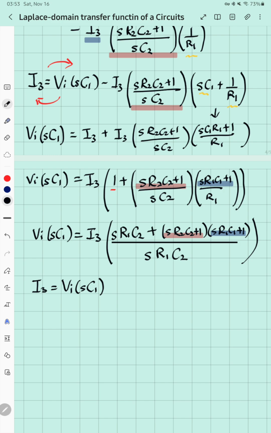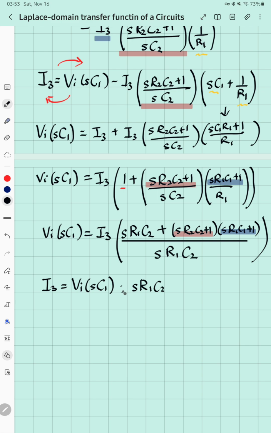Now we multiply both sides by SR1C2 over SR2C2 plus 1 times SR1C1 plus 1.